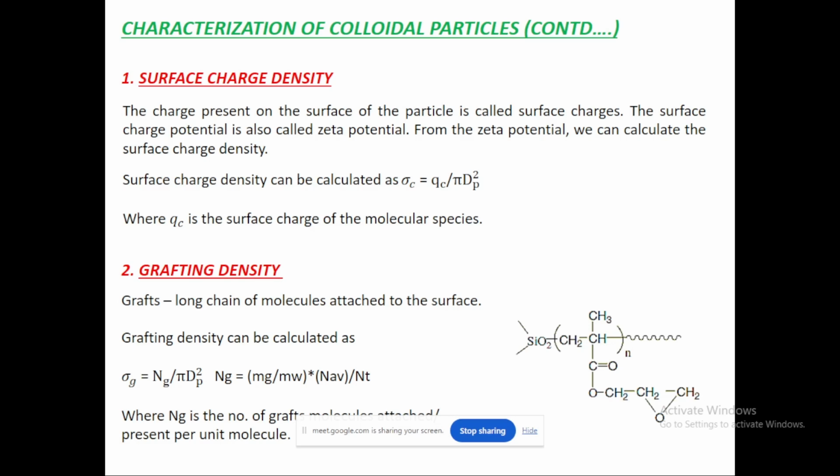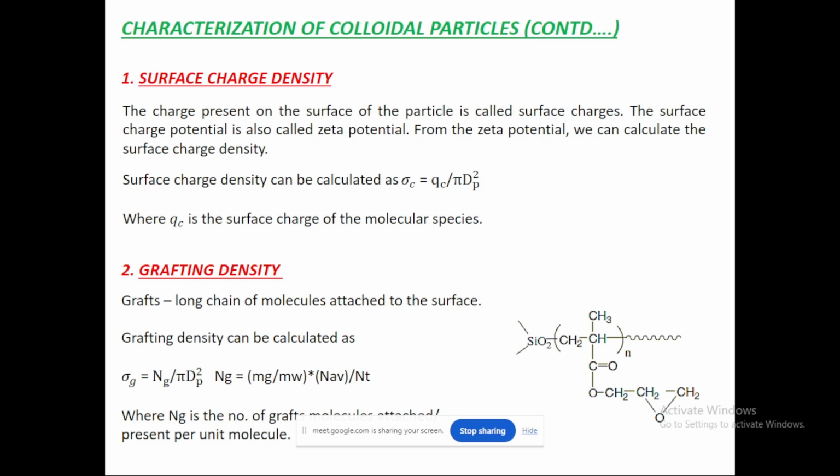That ultimately helped in improving the cyclic performance, that is, how many cycles that particular battery can run without any degradation of its performance. That was enhanced by the grafting process. So grafting helps in improving the properties or the performance of materials. One such example is in energy storage.